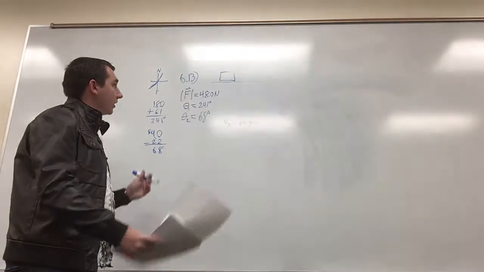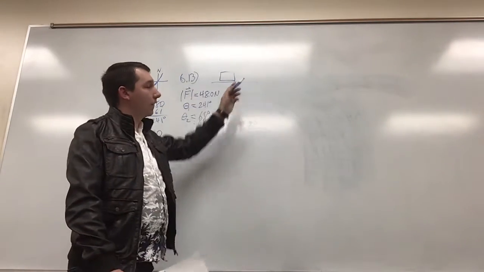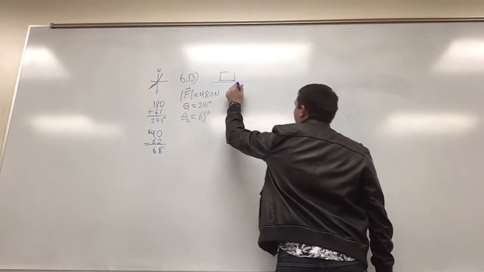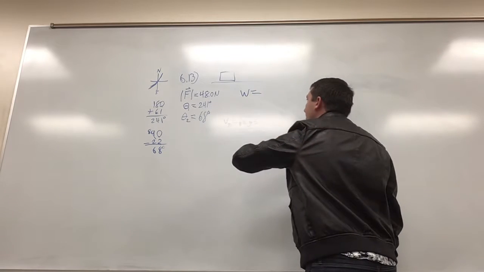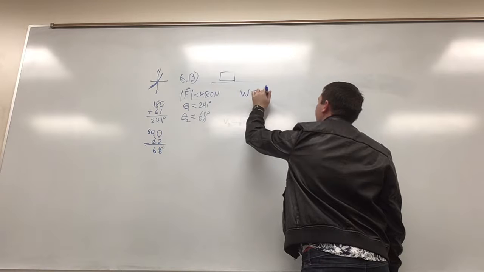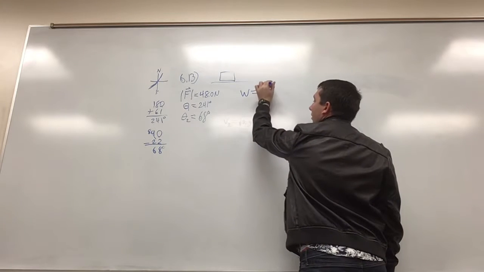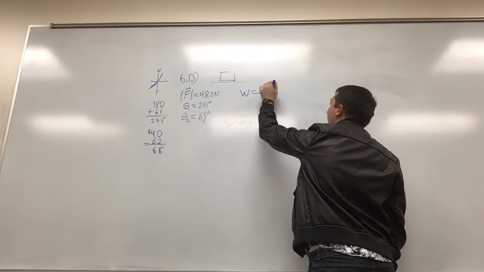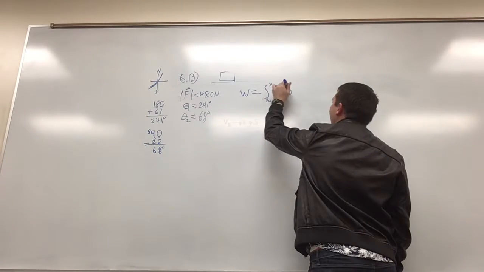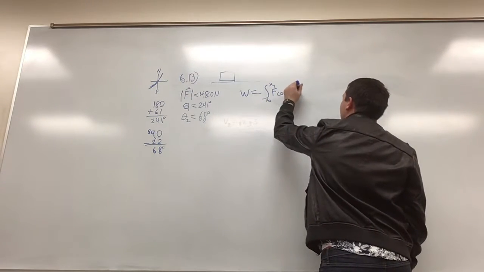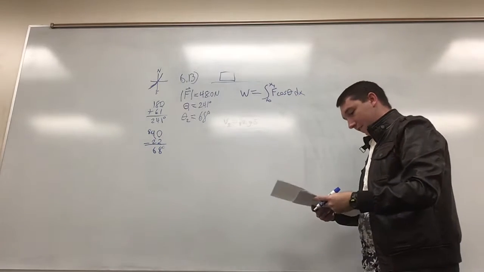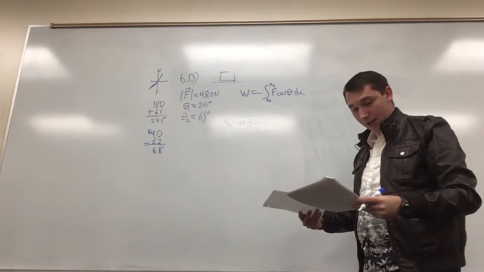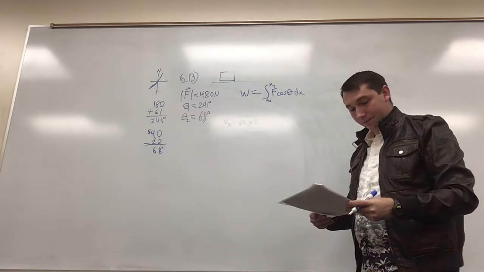So the problem is asking how much work is done as Paul pushes on the box. We can use the equation that the work is equal to the integral from x naught to x1 of the force times cosine of the angle dx. We're assuming that the force is constant, because the problem doesn't say anything about an acceleration.